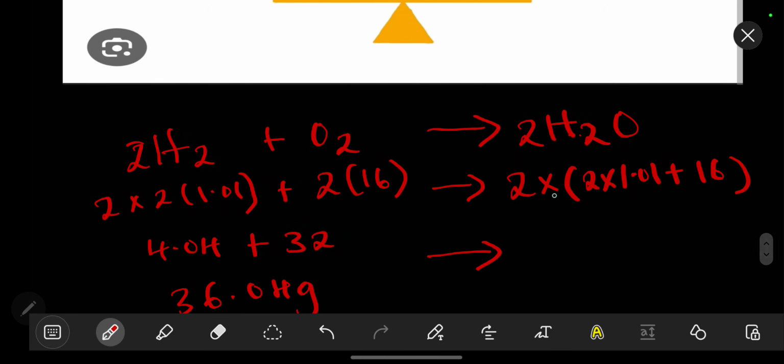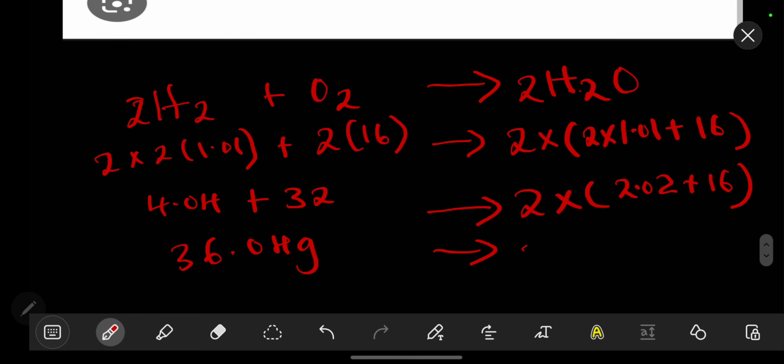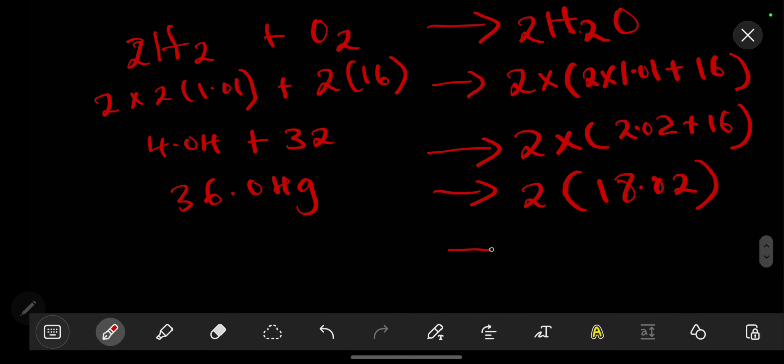Now on this side we have 2 times 2 times 1.01. This will give us 2.02. Then we have plus our 16, and when we add this, we get 18.02. Then when we multiply 18.02 by 2, this will still give us 36.04 grams.